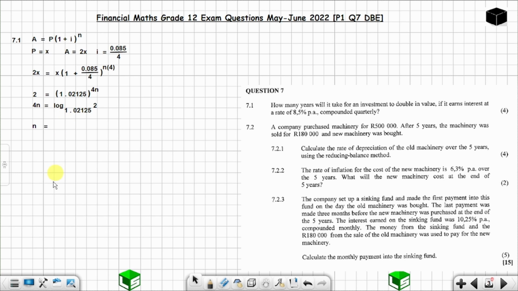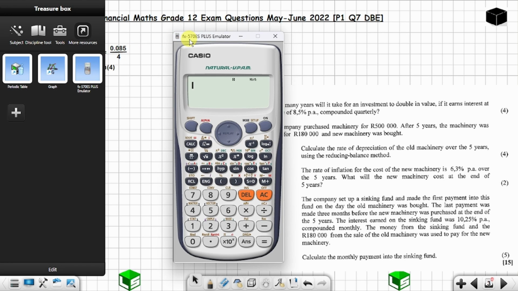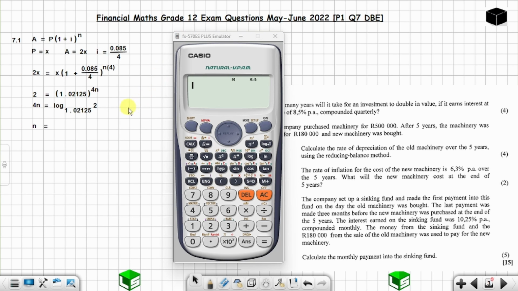Let's use our calculator. I'm going to use my emulator. I have log of 2 to base 1.02125, over 4, because we are trying to solve for n.